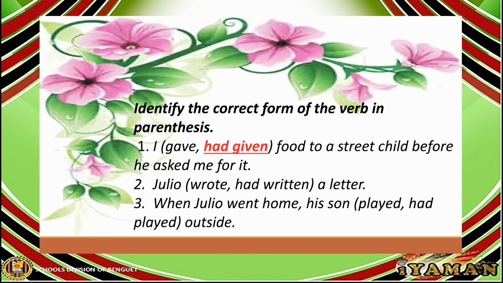What about number 2? Julio wrote, had written a letter. Definitely the answer is wrote. And the last sentence, when Julio went home, his son had played outside. Perfect. The correct answer is had played outside.